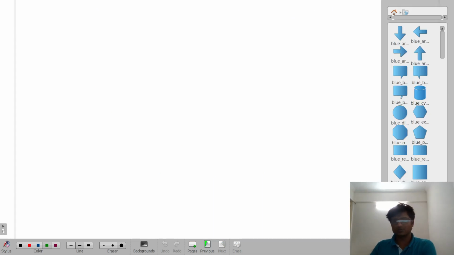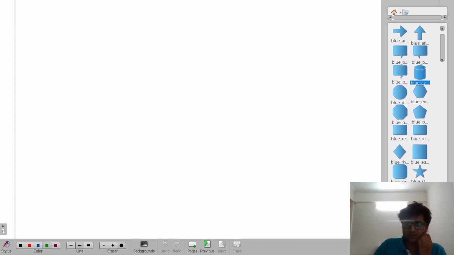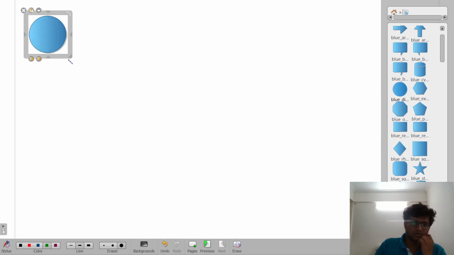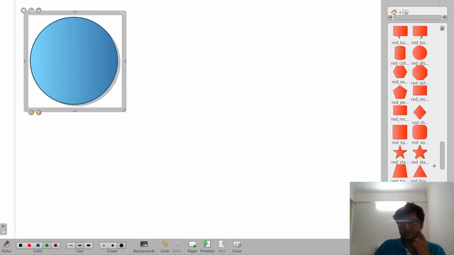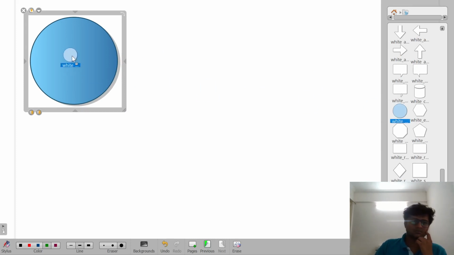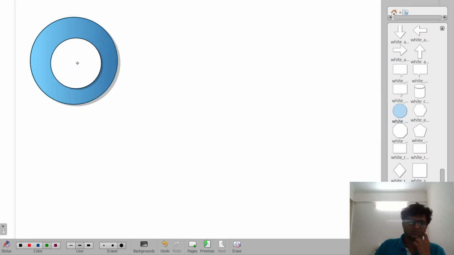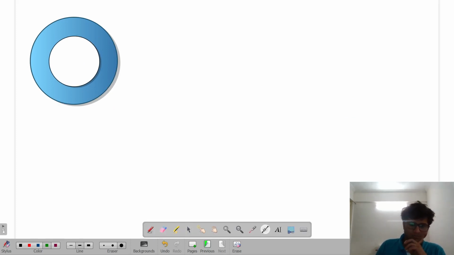Let's suppose there is an annular spherical surface. This is radius r1 and this is radius r2.